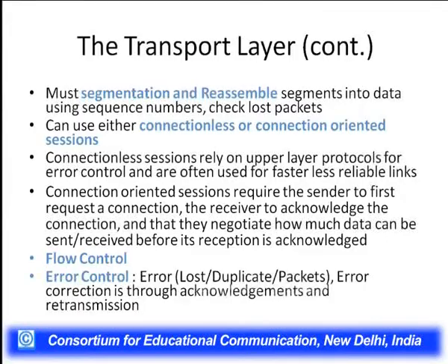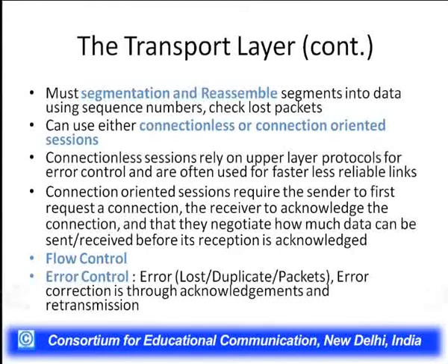Now, the transport layer can work as both a connectionless and a connection oriented service. A connectionless service means that the transport layer will send the segments without any active connection with the transport layer of the receiving computer. But a connection oriented transport communication means that before the segments are actually sent, a dedicated connection is established.